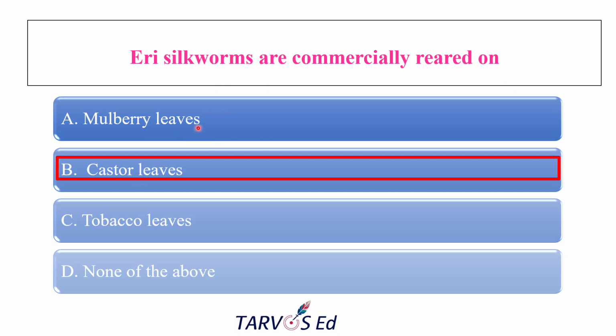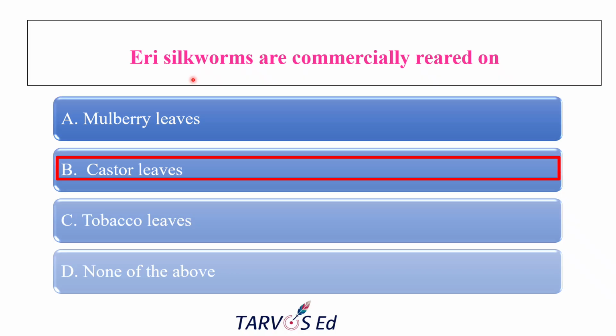Mulberry leaves are mainly for rearing the mulberry silkworm, Bombyx mori. Tobacco leaf is not used for any commercial silkworm rearing. And none of the above you can choose if nothing is related to the question. So castor leaf is mainly preferred by eri silkworms, and you should also know the eri silk.